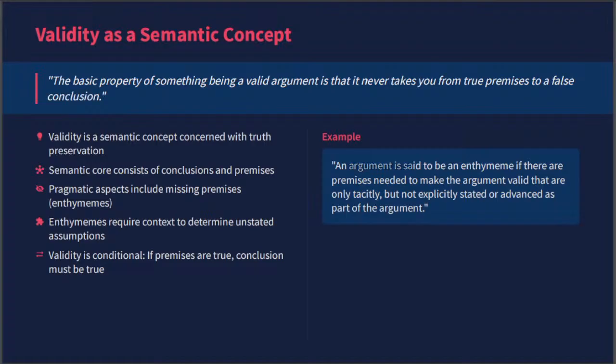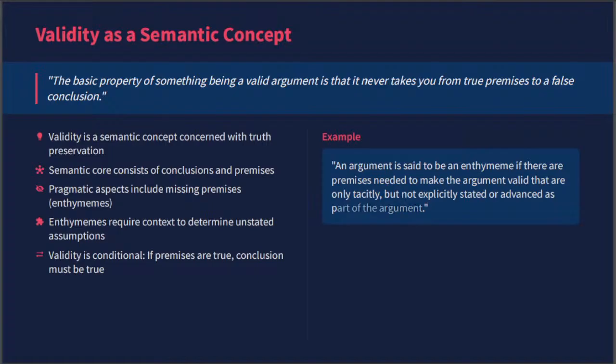An argument is said to be an enthymeme, and I think this predates the meme that we're so used to hearing in the common vernacular, which I believe was coined by Richard Dawkins. But the enthymeme, if there are premises needed to make the argument valid that are only tacitly but not explicitly stated or advanced as part of the argument.